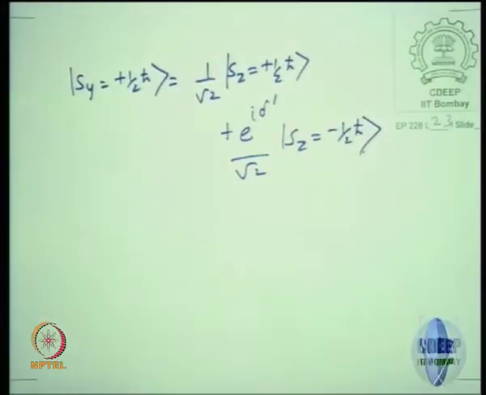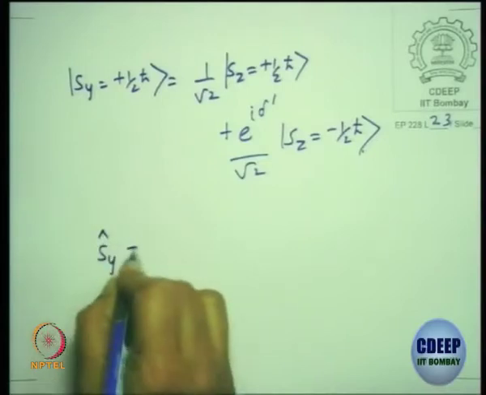I can do this. The way I wrote it for the Sx states in terms of the eigenstates of Sz, I can also write Sy states in terms of the eigenstates of Sz. And do the same things the way we did and fix what is the Sy operator.